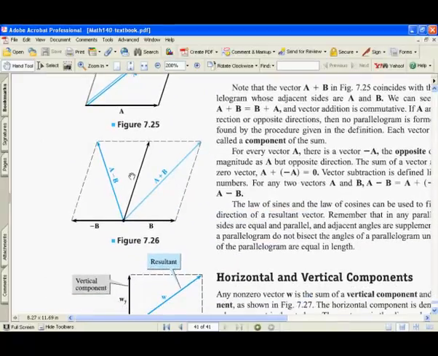So now this is my vector A and this is my vector B. Now I want to get A minus B, so first I get the opposite of the vector B, so that is negative B. And then I use A and negative B to form a parallelogram. Then A plus negative B should be indicated by this diagonal of this parallelogram. So this is A minus B.